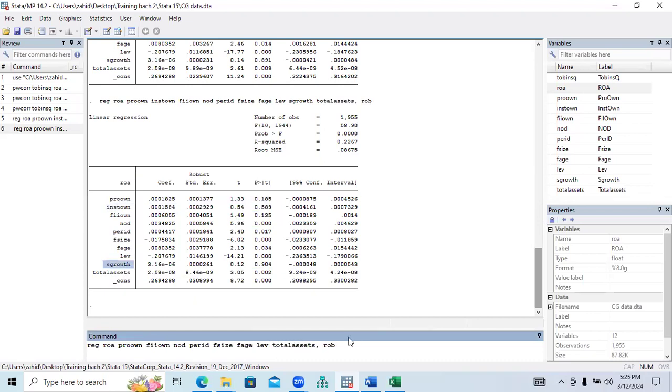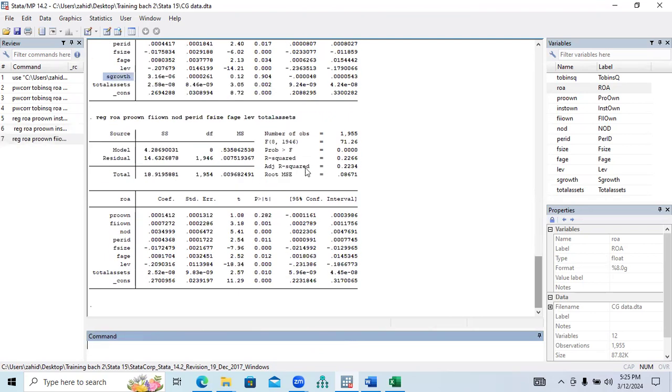All right. Now we need to run a simple regression command first. What will be the result? R square is still the same, and you see that financial ownership becomes significant, and all others are significant. Now we can run a robust command here in order to validate our regression results.